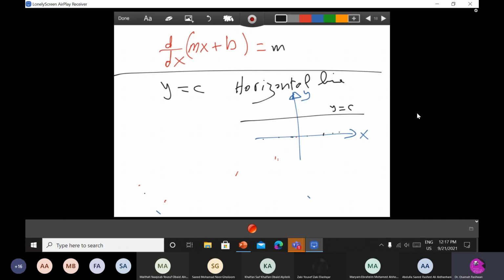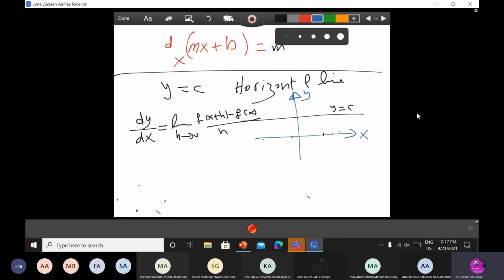When you go right or left in x, you still have the same value for y because y is constant. How can you find dy by dx? dy by dx, by definition, is the limit when h tends to 0, this is the definition of the first derivative.